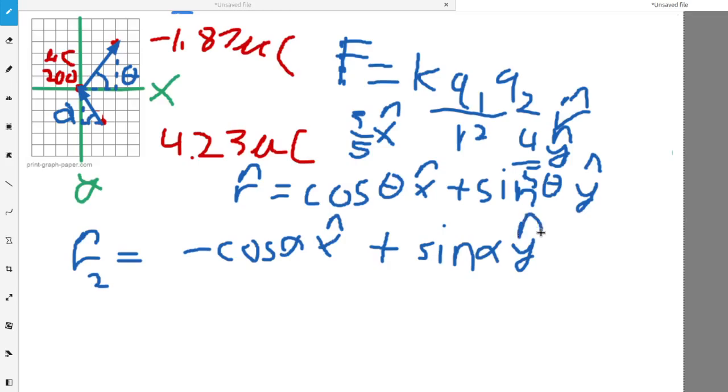Now cosine alpha is adjacent over hypotenuse. The adjacent is 2, and the hypotenuse, by Pythagorean theorem, is the square root of 2 squared plus 3 squared, that's root 13. And sine is going to be 3 over root 13.